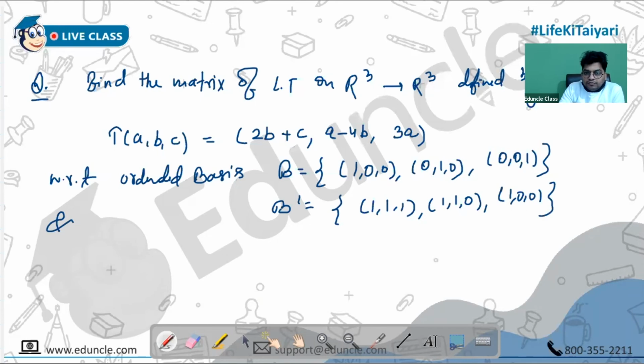This one. First of all, you have given a linear transformation, and you have two bases, and we have to find out the matrix with respect to this ordered basis. Can you find out? Yes, can you find out the matrix?